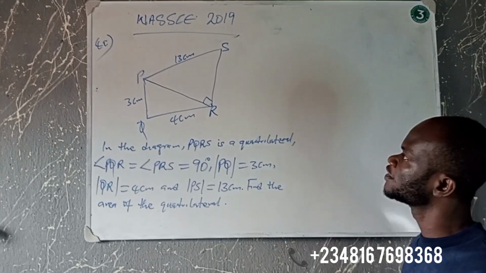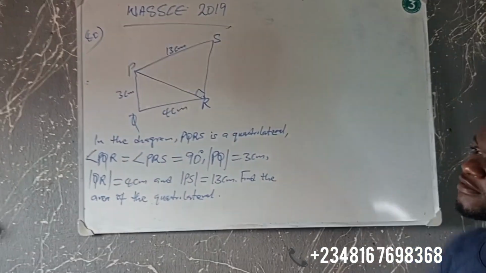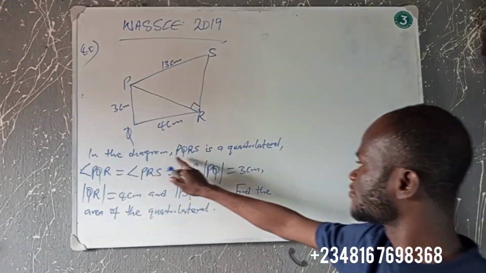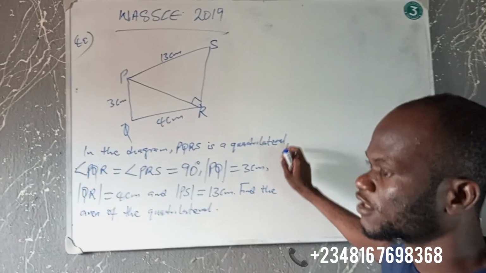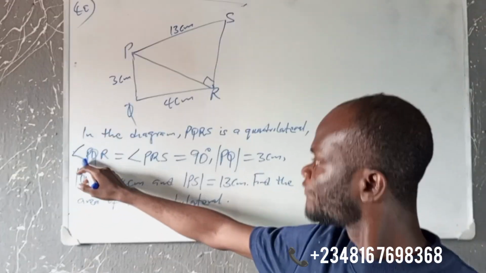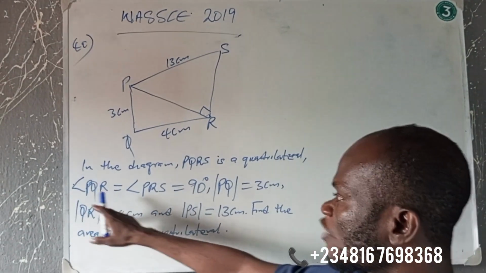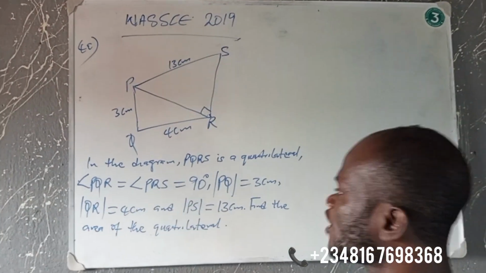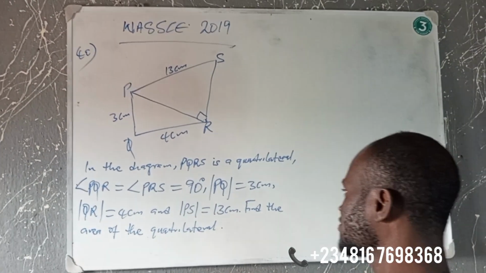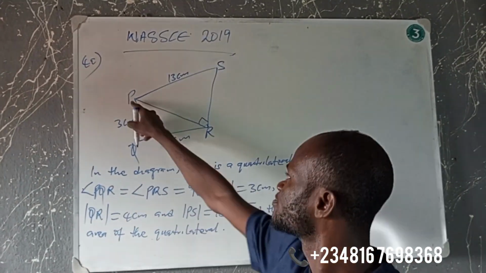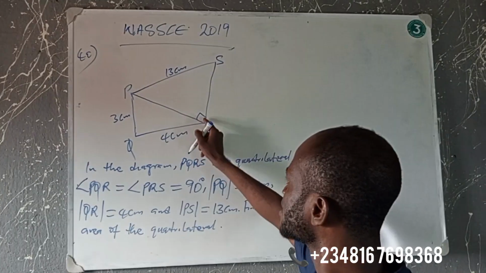Okay, in the next second question, we have a figure. If you see in the diagram, PQRS is a quadrilateral, such that angle PQR equals angle PRS equals 90 degrees.